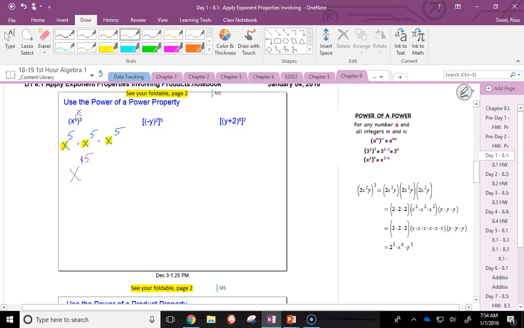Parentheses is first because of PEMDAS. The only thing in parentheses is negative y. So then we look for our exponents. So negative y, now I'm going to look at this, squared. That will give me y squared. Why does the negative y become positive y?